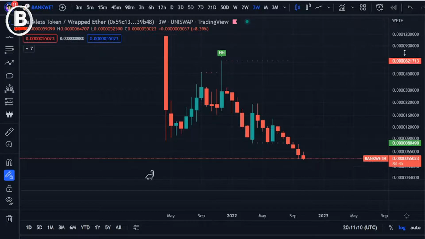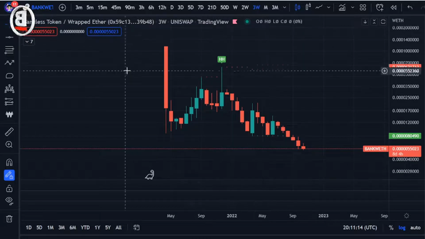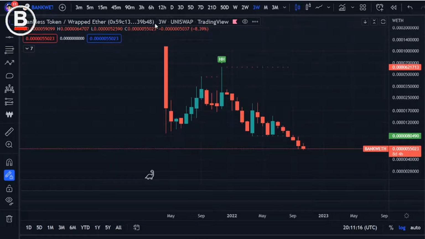But here is the bank token price action against Ether on a 3-week time frame using TradingView's data on Uniswap.